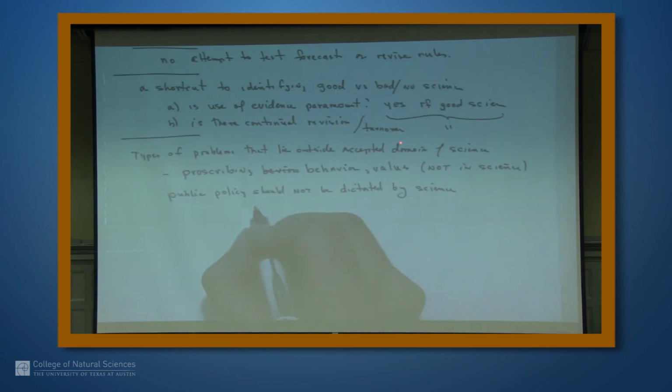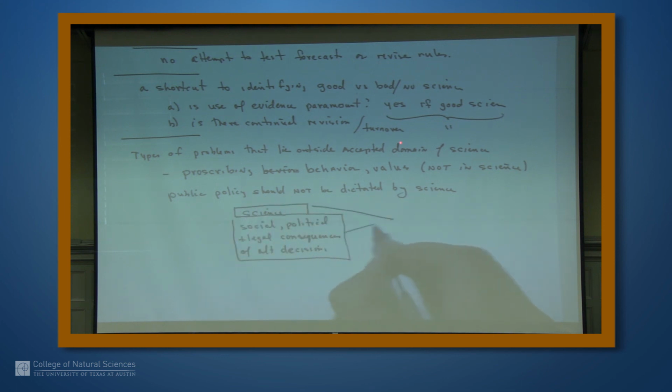When I say public policy should not be dictated by science, the idea is you have science, and then you have the social, political, and legal consequences of alternative decisions. These are two boxes, and you put them together to come up with a policy.